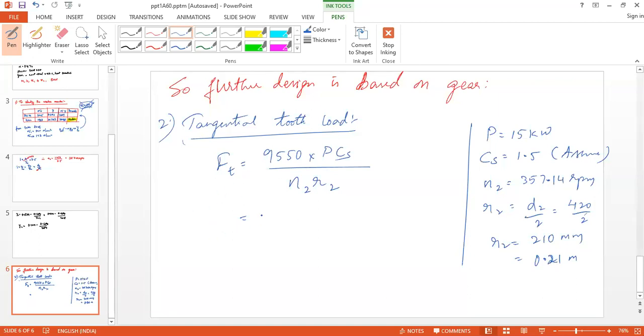So Ft is 9550 into 15 kilowatt into 1.5 divided by 357.14 multiplied by 0.21. So what is the answer?